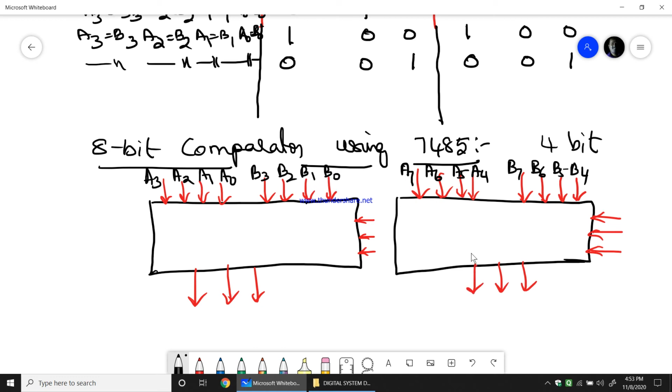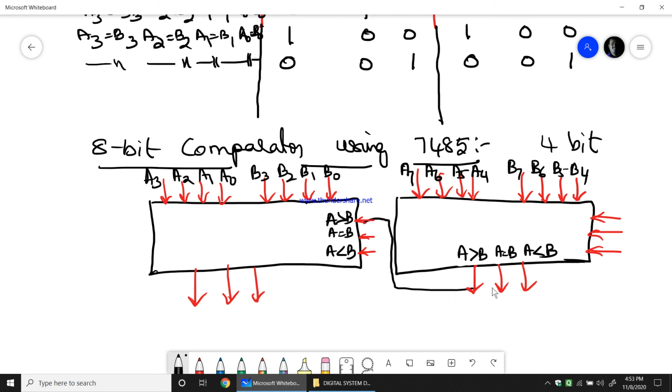Now the outputs are A greater than B, A equals B, A less than B. Similarly here cascaded inputs A greater than B, A equals B, A less than B. So here greater will be given to the greater cascaded in.